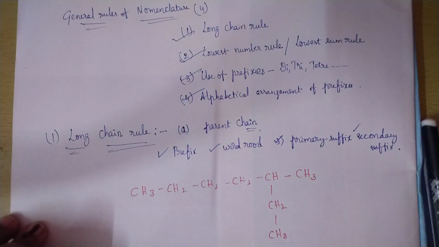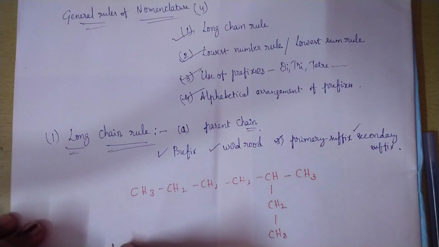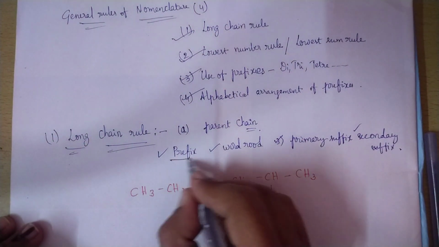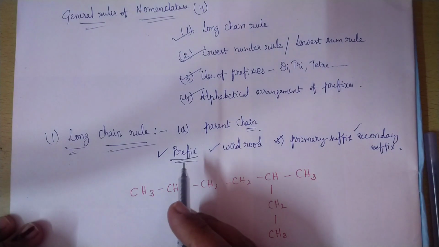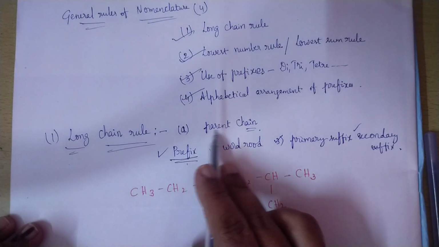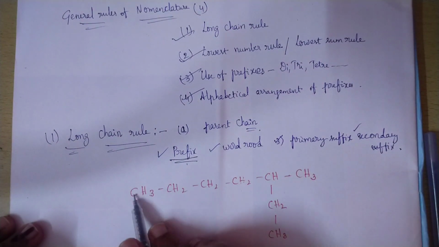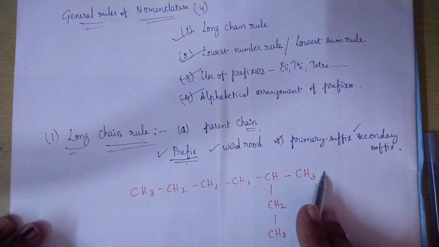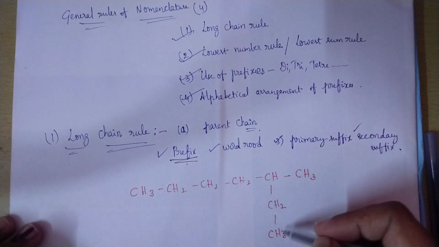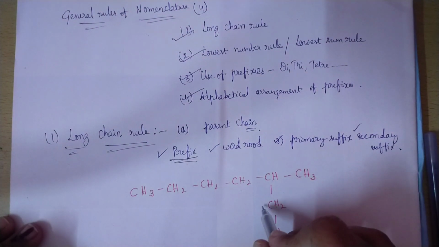First we should give a priority to the prefix. But before that, we need to check the parent chain. This is the parent chain from here to here. This is called the parent chain, and you can see this is the branched chain.